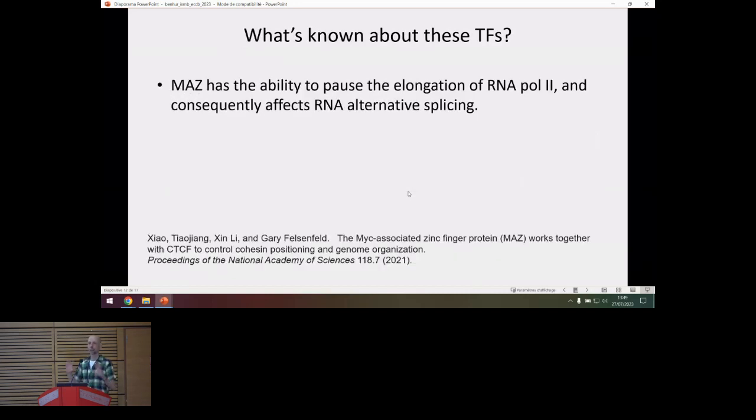Now, we couldn't find a whole lot in the literature about these transcription factors and their involvement in alternative splicing. The only one among these that we found information about was MAS.